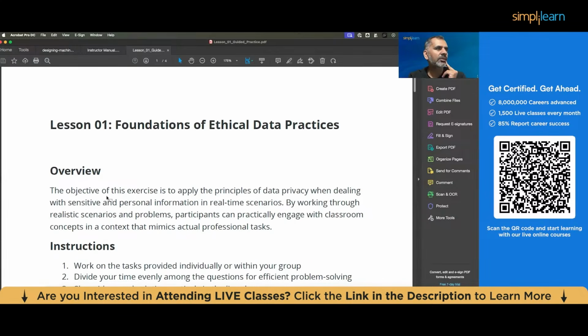The objective of this exercise is to apply principles of data privacy when handling and dealing with sensitive and personal information in real-time scenarios. While working through this case study, a realistic scenario and problem, participants can practically engage with classroom concepts and context that mimic the actual professional task.